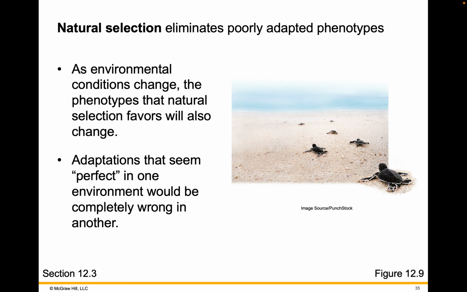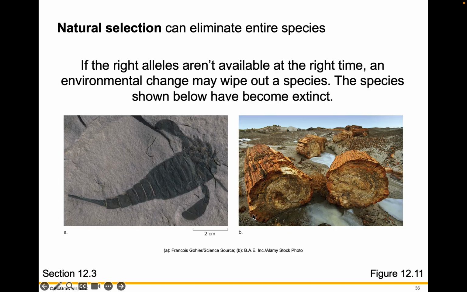Natural selection eliminates poorly adapted phenotypes. So as environmental conditions change, the phenotypes that natural selection favors will also change. And adaptations that seem perfect in one environment could be completely wrong in another. Natural selection can even eliminate entire species.